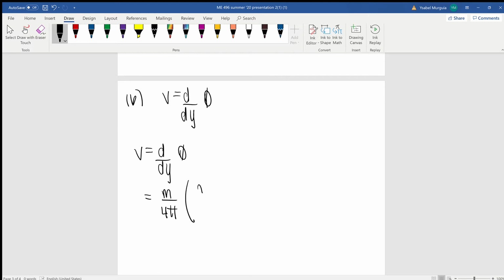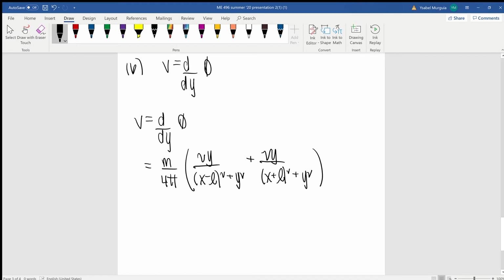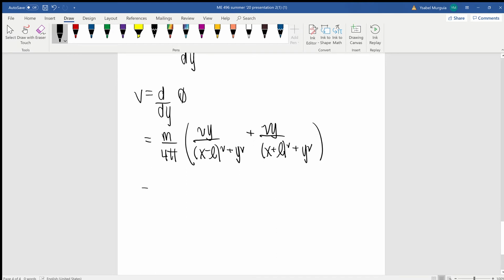And now with respect to y, the numerator is going to look a little bit different: x minus L squared plus y squared plus 2y over x plus L squared plus y squared. Okay, so this is a little bit different because we did solve with respect to y.